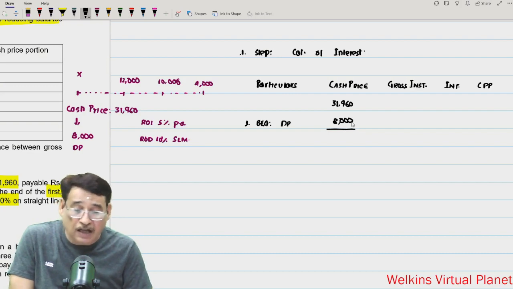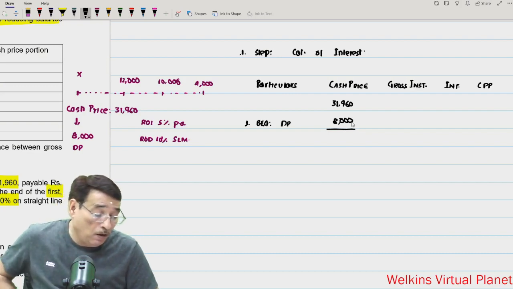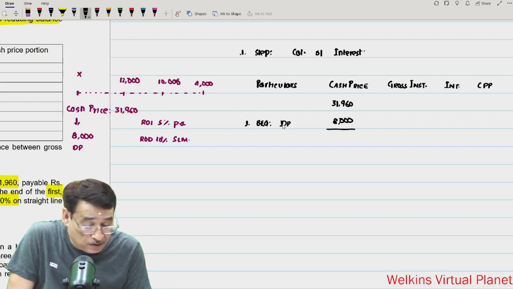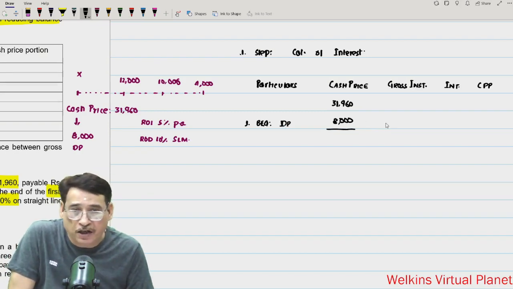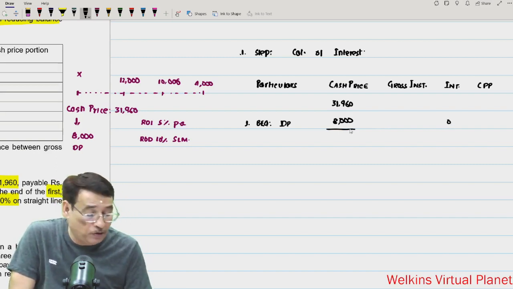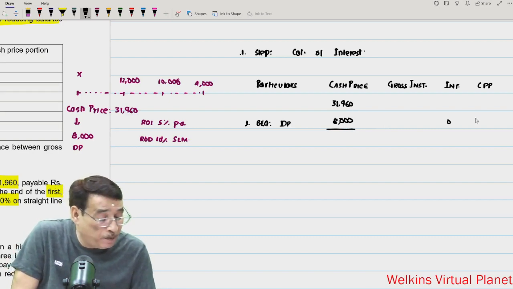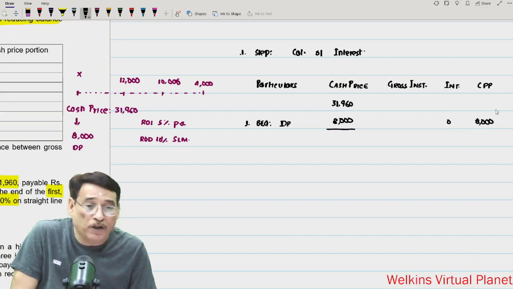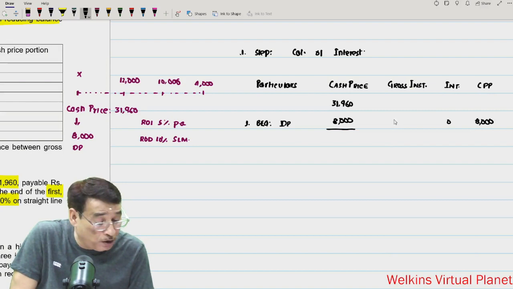Now, even in the last class, I told you, whatever down payment you make, this down payment will not contain any element of interest, because you are making this payment on the same date. That means this entire payment is for the cash price portion. And remember, interest plus cash price portion makes your gross installment.